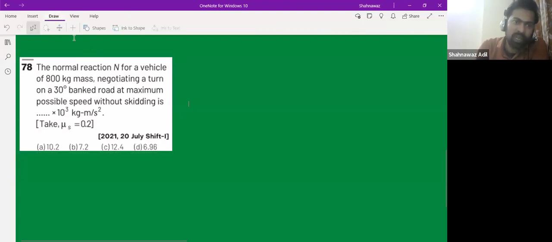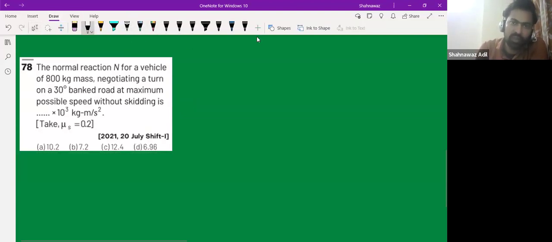So what do we have in this question? We have a mass negotiating a turn on a 30-degree road, theta is given, at maximum possible speed V max, without skidding.